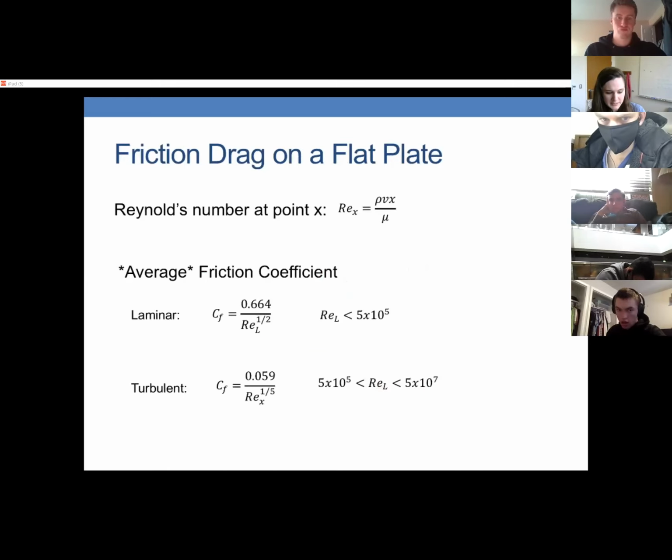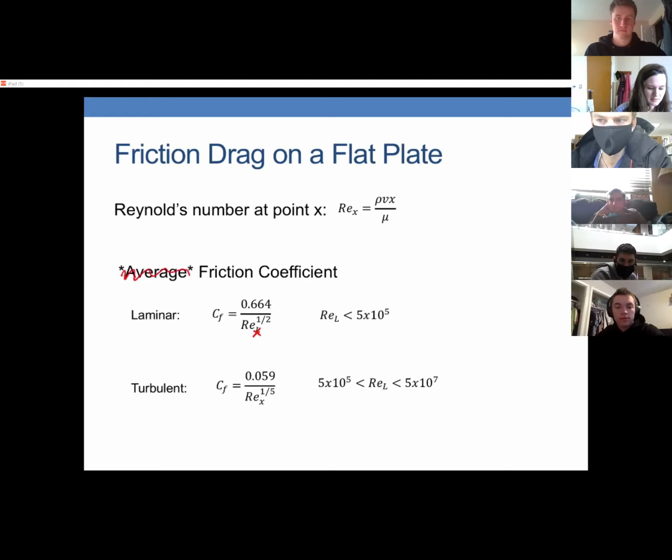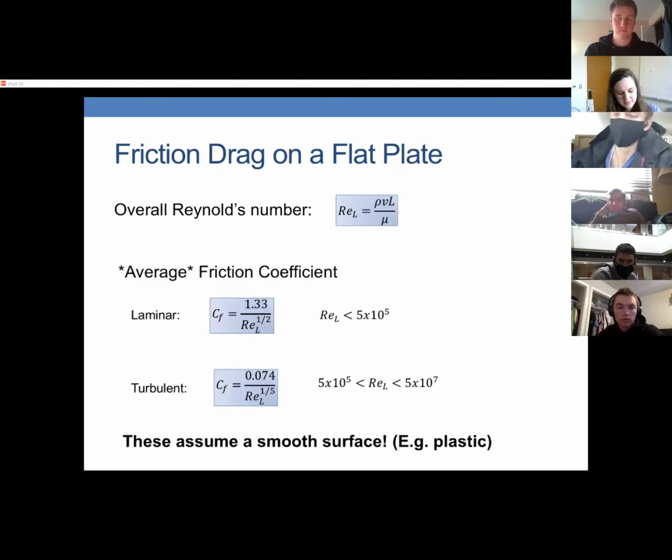That's how you would do it. So this is what it would be for x. Don't write this down though, because you integrate it over this and you get an overall Reynolds number and an average friction coefficient.